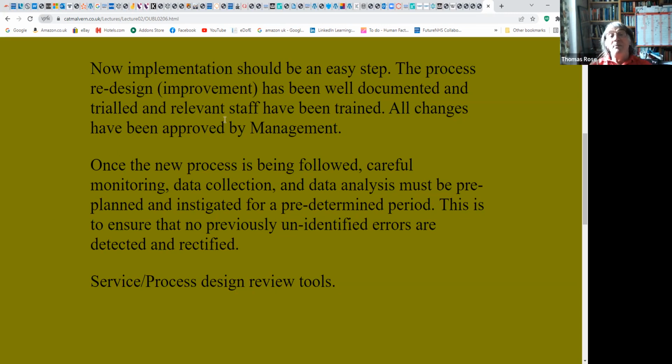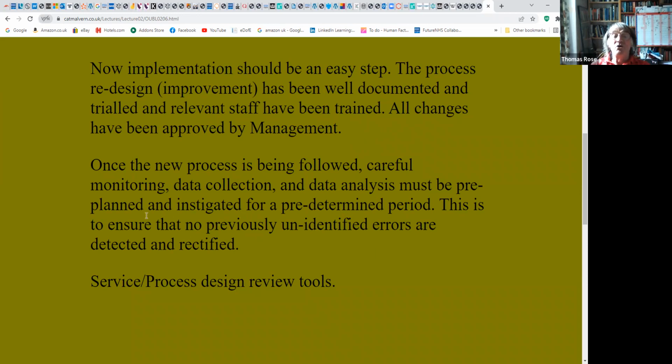So I've said the implementation should be an easy step. The process redesign or improvement has been well documented and trialed, and relevant staff have been trained, and all changes have been approved by management. Once a new process is being followed, careful monitoring and data collection and data analysis must be pre-planned and instigated for a predetermined period.